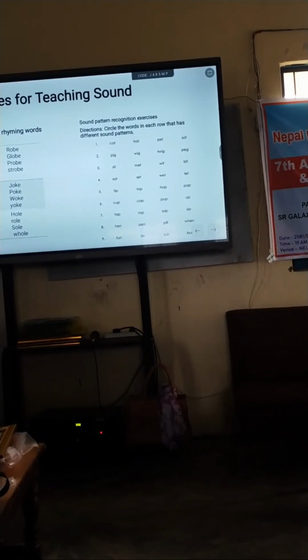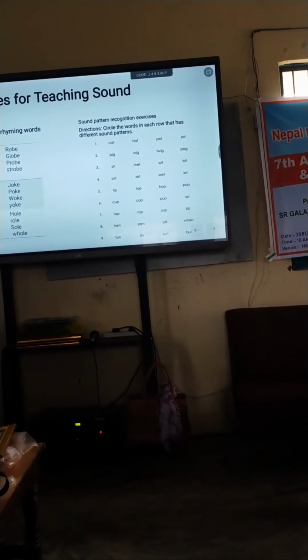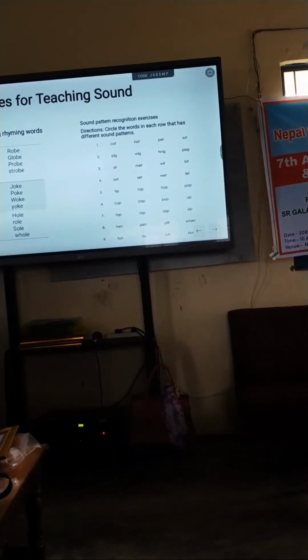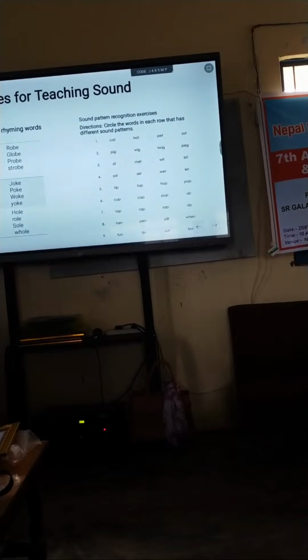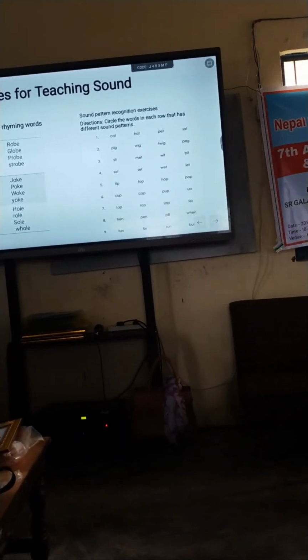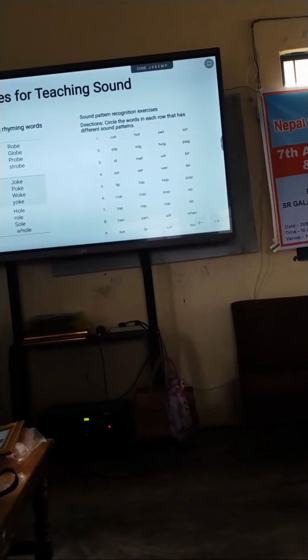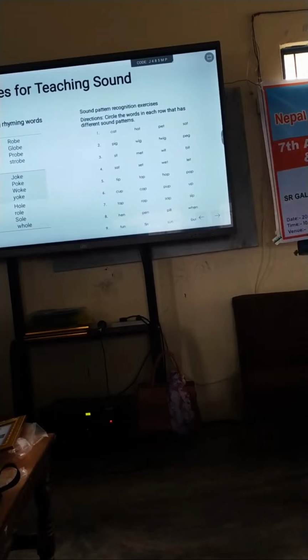In this, what is the four number which is different? Sat. Five number which is different? Tip. Six number which is different? Cup. Cap. Cup is different. Which is different? Cap is different.